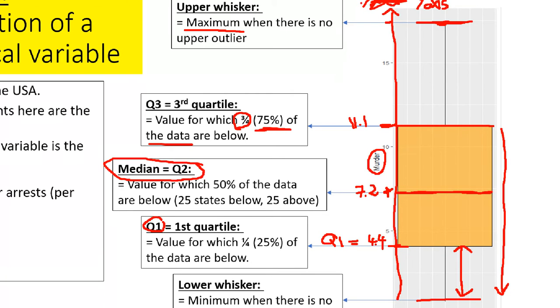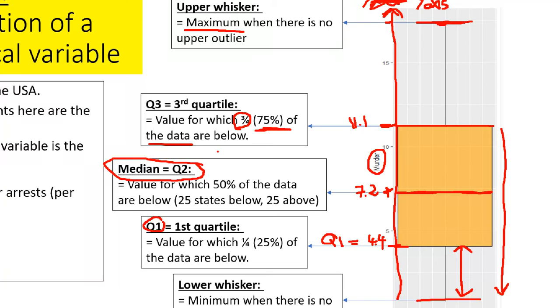So, hopefully you have got a better idea of what a box plot is here, okay? It represents the distribution of the continuous variable that is on the y-axis, and then after that you can see where Q1 is, where the median is, where Q3 is. There is no mean in that. There is no standard deviation.